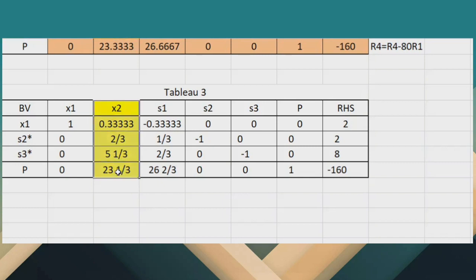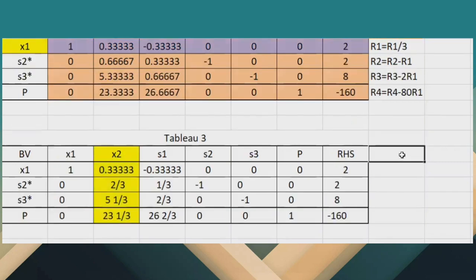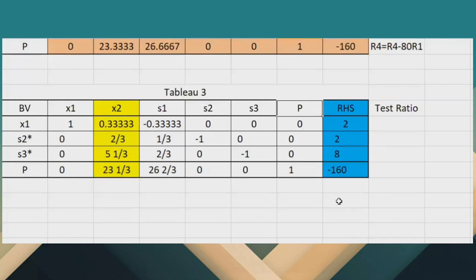So, yan ang pipiliin. So, pivot row, apply test ratio again. Divide the right-hand side by each of the entry of the pivot column. So, divide natin. So, equals 2 divided by 1/3.